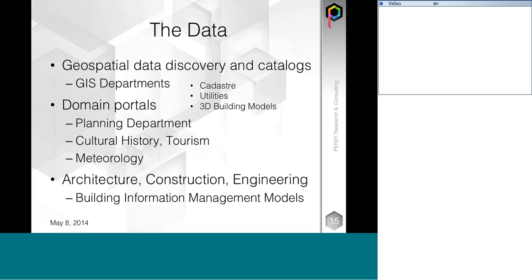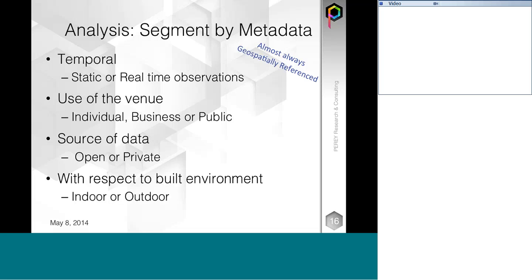Those are professional people who have created models using their 3D authoring tools, and then once the building is constructed or the venue already exists, they store those into an information management system, just like you might have a learning management system, or an e-commerce management system. In the built environment, we have these building information management systems and models. So that gives you an idea of the sources of the data.